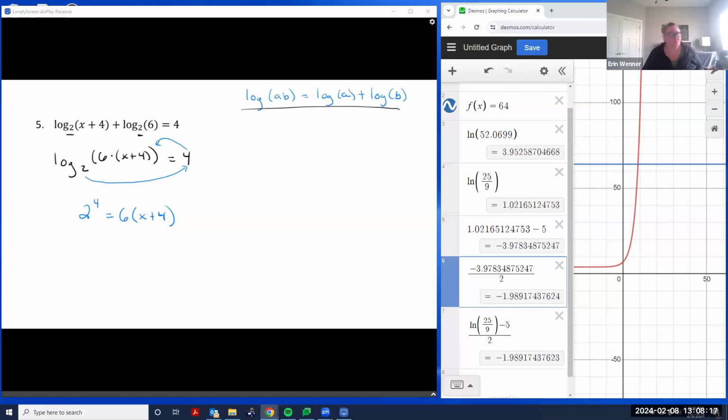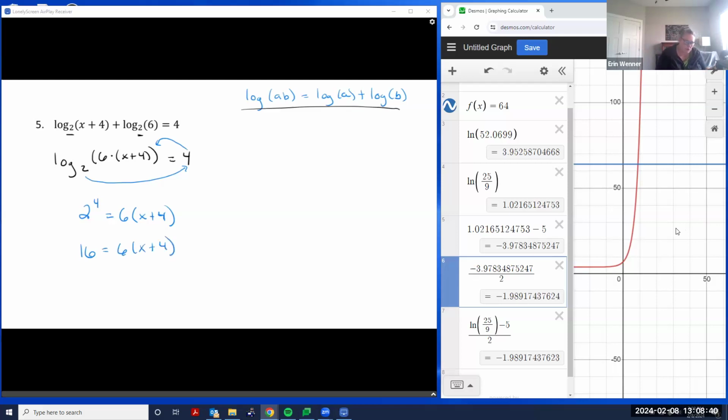All right, so we need to solve this, which means we need to simplify before we can get to our solving stage. When I say simplify, that means we need to simplify our exponent, right? 2 to the 4th, we need to actually calculate that. And so 2 to the 4th is going to be 16. Meaning that 16 equals 6 times (x plus 4).